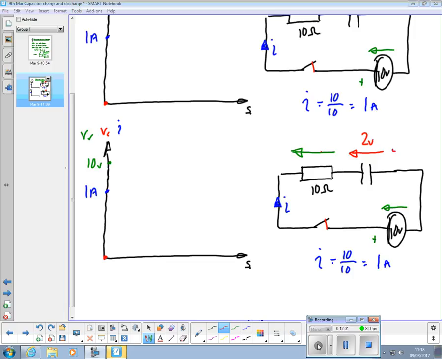So a current's been flowing and the capacitor voltage has reached 2 volts. Okay, so let's try and estimate that on our graph here. After a short period of time, there's 5 volts about there, so 2 is going to be about there. Yep, happy with that?